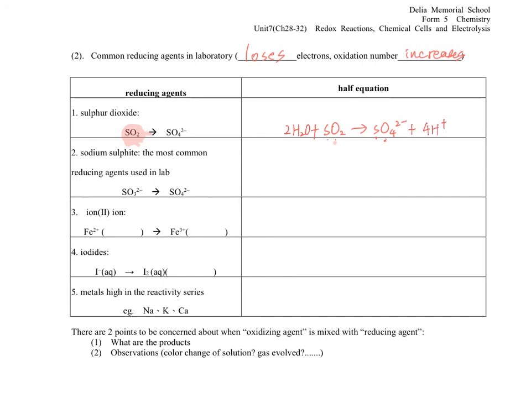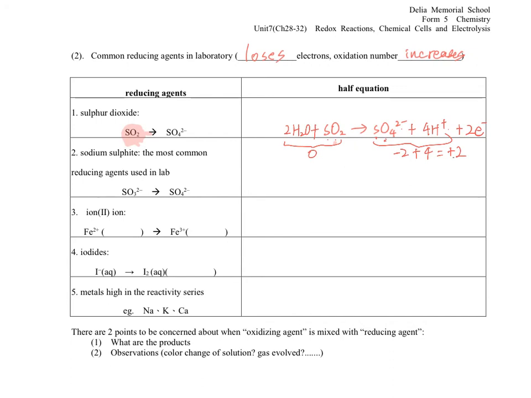And then the last step, we add electron. On the right hand side, the charge is 0. And on the left hand side, -2 plus 4. Here, -2, and then here plus 4 equals to +2. So we need to add 2 electrons on the right.